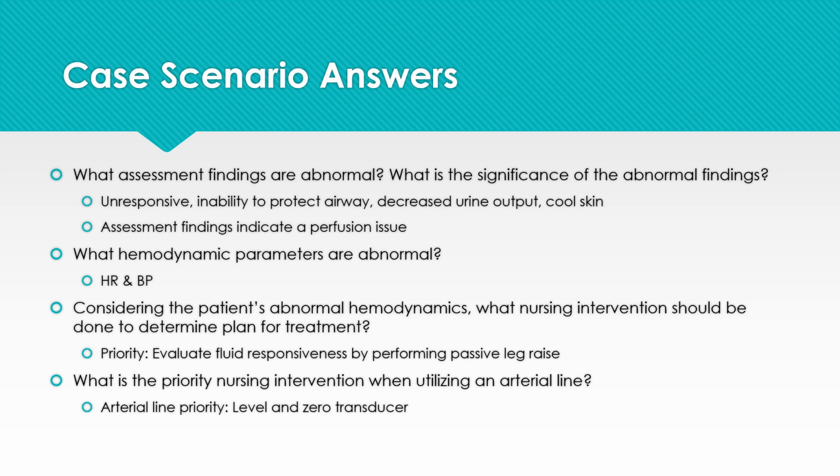So if the transducer is lower than the phlebostatic axis, your blood pressures are going to read falsely high. And if your transducer is higher than the phlebostatic axis, your blood pressures are going to read falsely low.